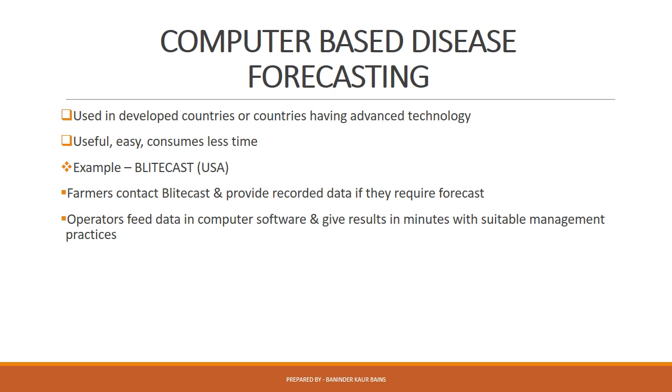If they require the forecast, then they give that data to the Blightcast and the operators feed that data into the computer or into that software, and the results are generated in seconds, and within minutes the farmers are informed about the disease forecast, whether there will be a disease or not, and they also suggest to them the suitable management practices or the control methods which they can use for the control of that disease.